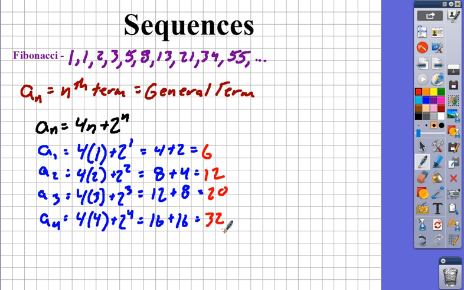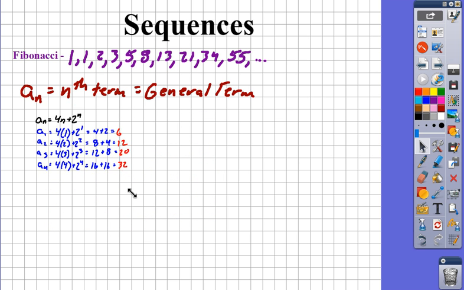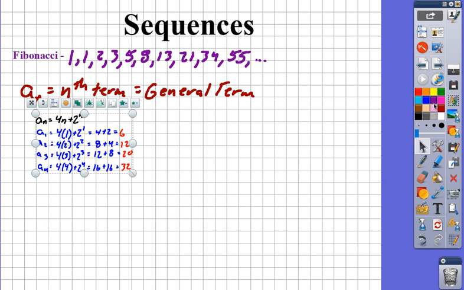So what we're going to do now is take a look at what we call a recursion formula. Notice that in the last one, we were able to find the nth term by knowing what n is, and that is our general term. In this next example, we're going to figure it out based on the previous number.